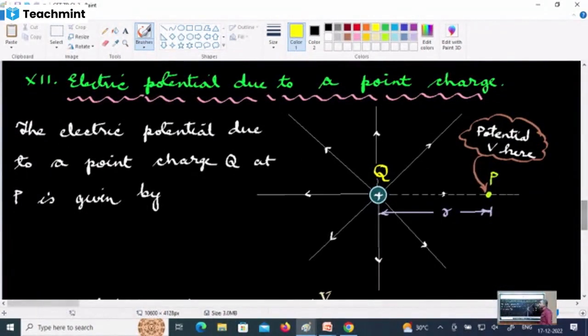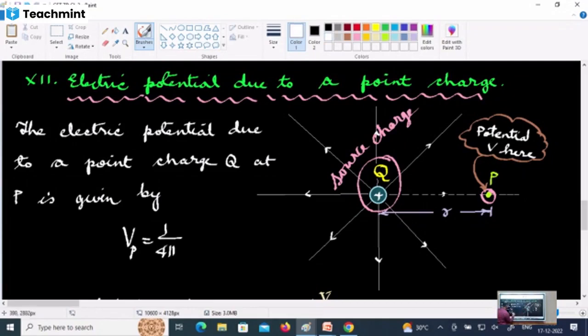Now let us consider electric potential due to a point charge. One single point charge ಏನಿದೆ ಇದನ್ನ capital Q, often we call it a source charge. ಇದನ್ನ source charge ಅಂತಾನೂ ಕರೀಬಹುದು. ಈ source charge ಪ್ರೊಡ್ಯೂಸ್ ಮಾಡತಕ್ಕಂತ potential ಈ ಪಾಯಿಂಟ್ P ನಲ್ಲಿ ಎಷ್ಟಿರುತ್ತೆ, ಇದನ್ನ 5 ಮಾರ್ಕ್ ಡಿರೈವೇಶನ್ ಆಗಿ ನೀವು ಆಗ್ಲೇ ಅಭ್ಯಾಸ ಮಾಡಿದ್ದೀರಿ. ಅದ್ರ ಬಗ್ಗೆ ನಾನು ಏನು ಕಮೆಂಟ್ ಮಾಡೋದಕ್ಕೆ ಹೋಗೋದಿಲ್ಲ. ಇದು ಹೇಗೆ ಬರುತ್ತೆ ಅನ್ನೋದಕ್ಕಿಂತಲೂ ಅದರ ಎಕ್ಸ್ಪ್ರೆಷನ್ ಏನಿರುತ್ತೆ ಅಂತಂದ್ರೆ the potential at point P is given by 1 divided by 4 pi epsilon naught into source charge Q divided by separation distance r.